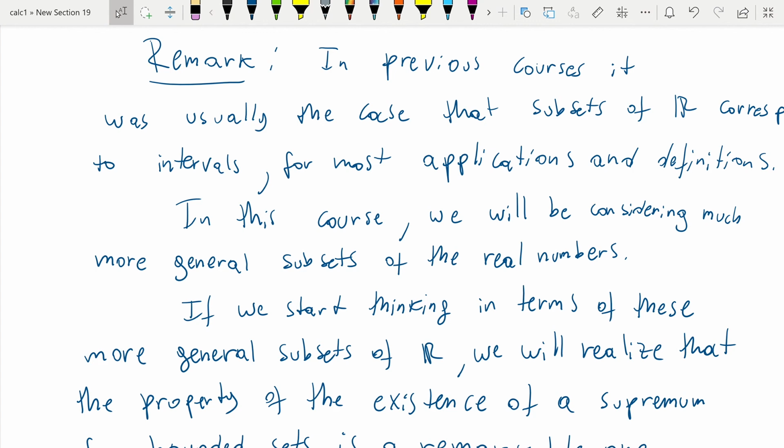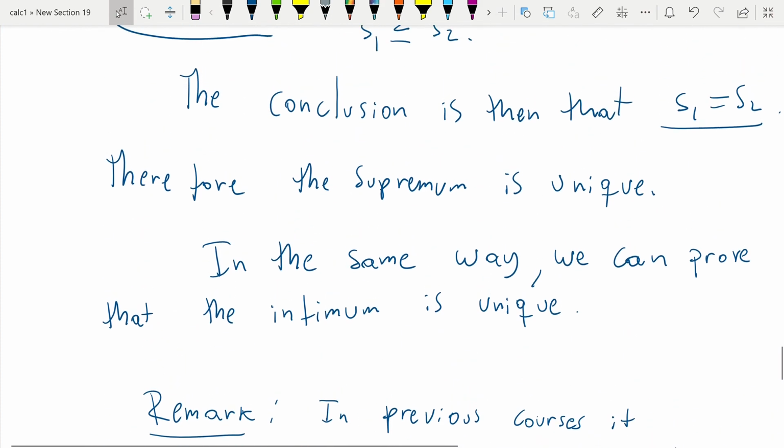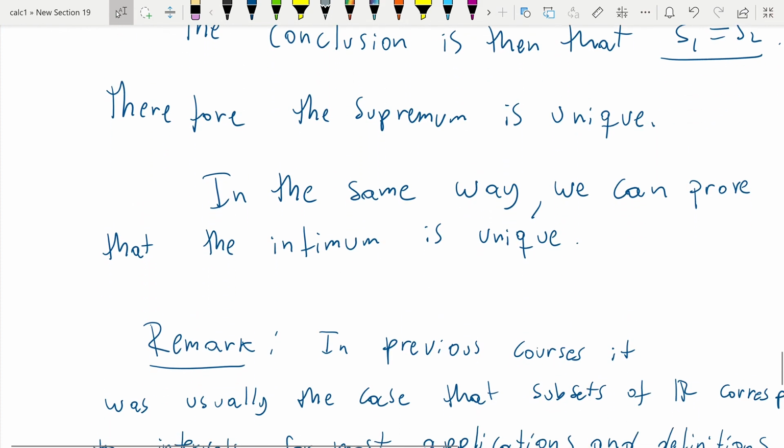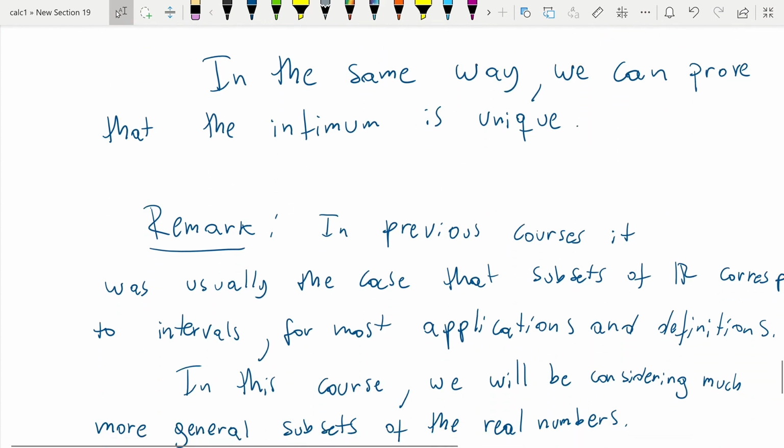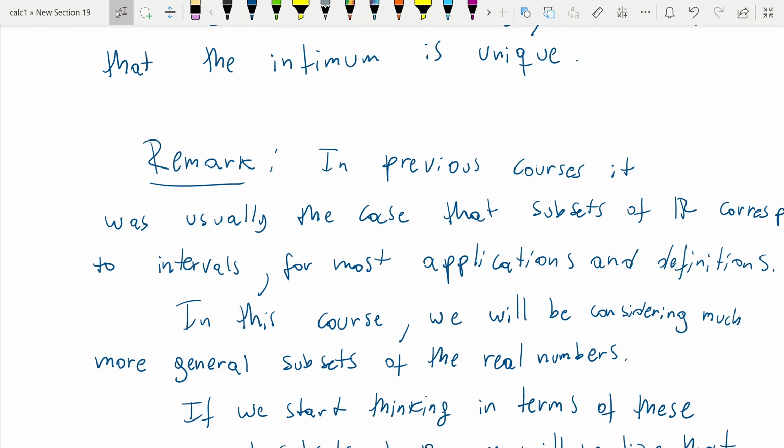And in the next video we'll see a few examples of sets that we'll be finding the supremum and the infimum of, and hopefully this clarifies things a little bit more.